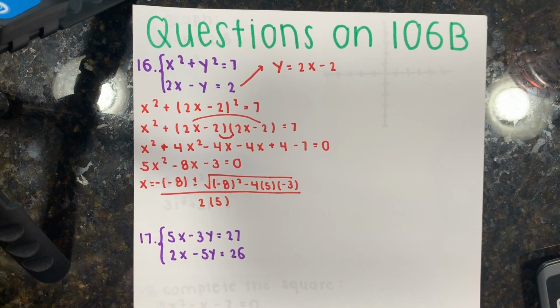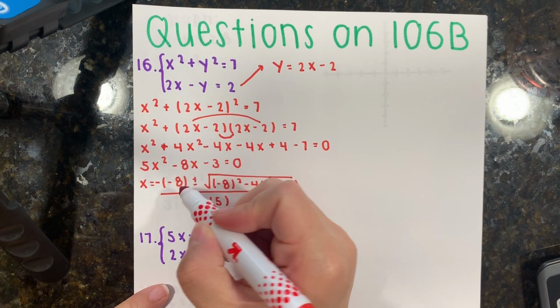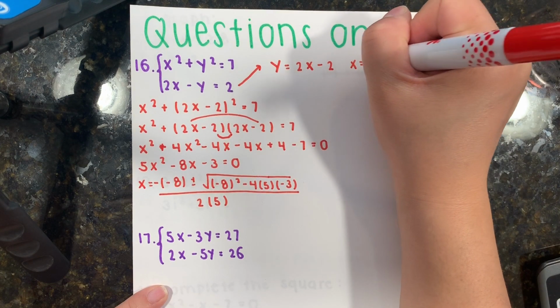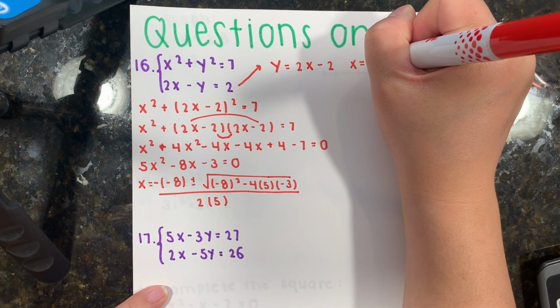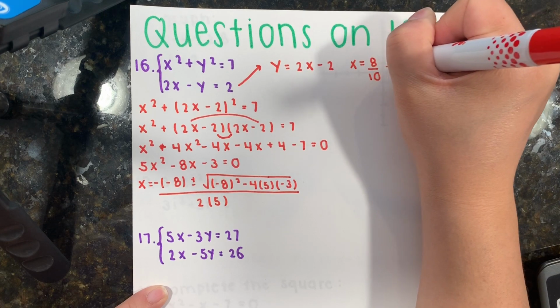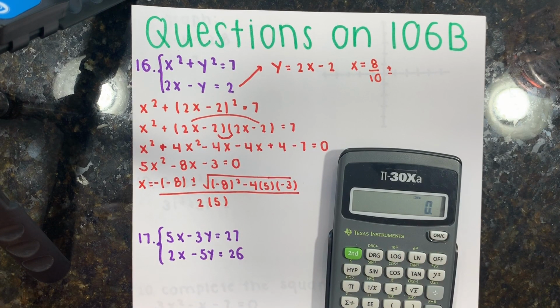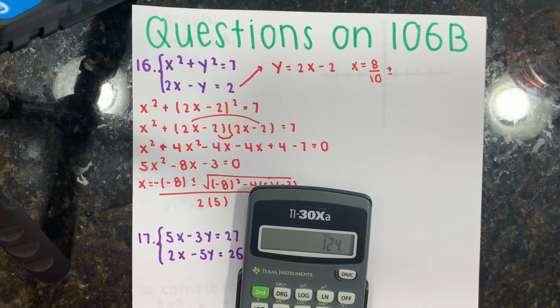And I don't have a ton of space here, so I have positive 8 over 10 plus or minus the square root of, so 8 squared is 64 plus 4 times 5 times 3, which would be 60, so 124.